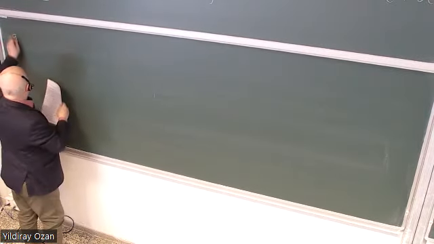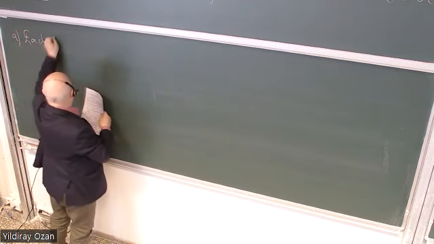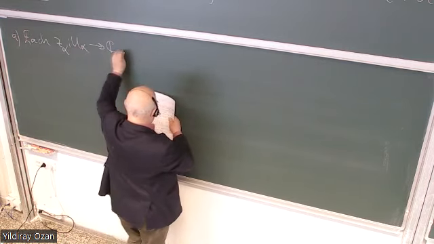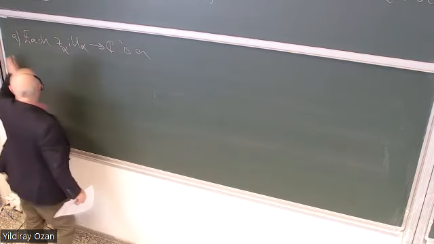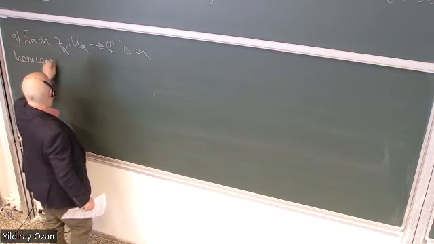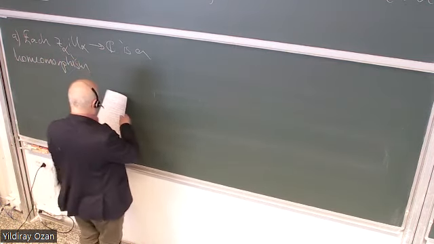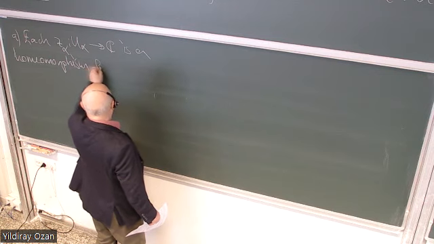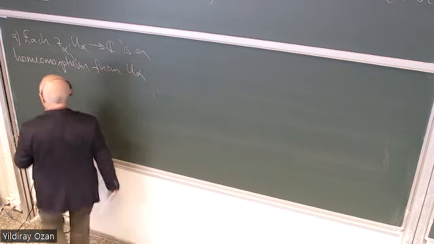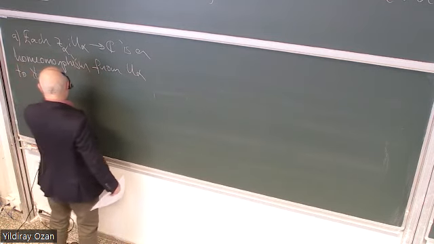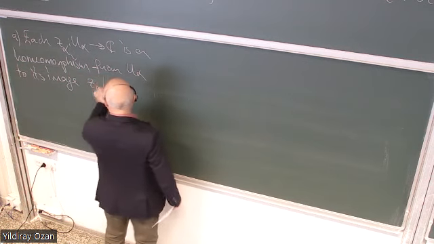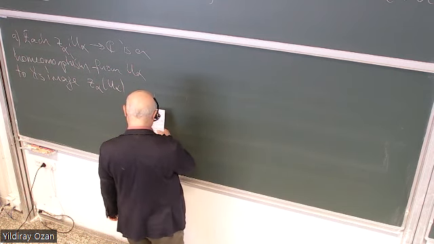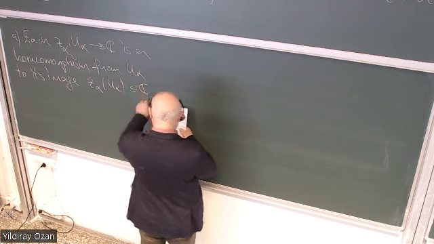The first one is that each Z alpha from U alpha to C is a homeomorphism onto its image, a homeomorphism from U alpha to its image Z alpha of U alpha, which is a subset of C, of course.